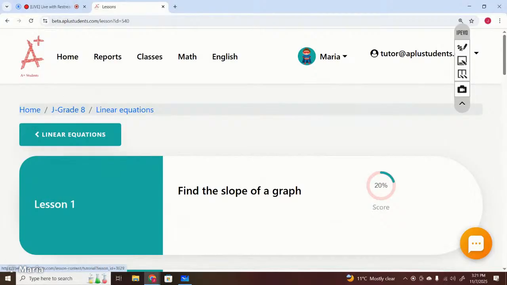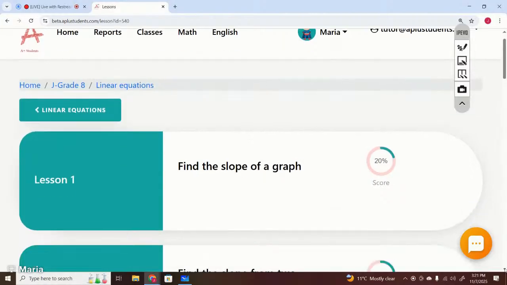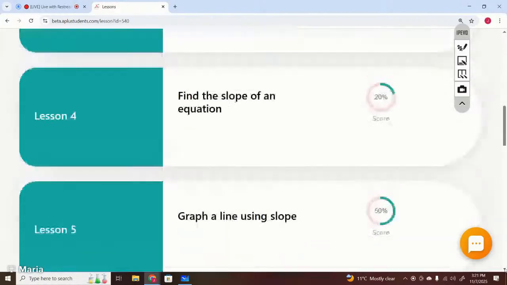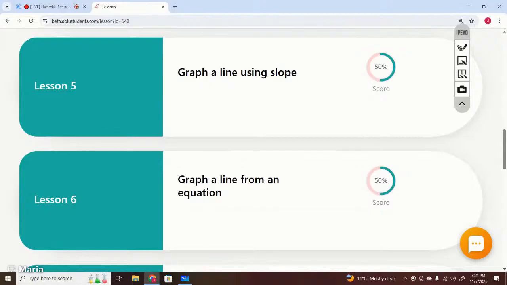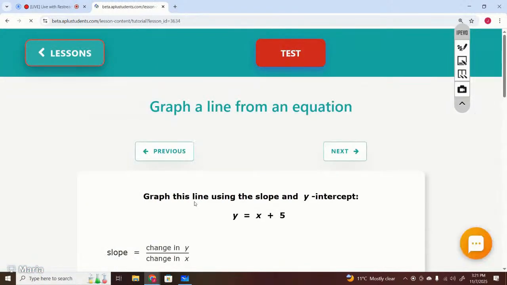The next lesson is graph a line from an equation. Let's just start with the lesson.